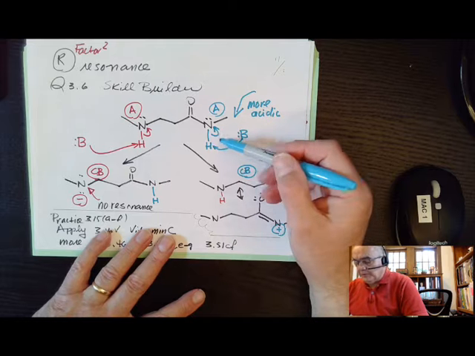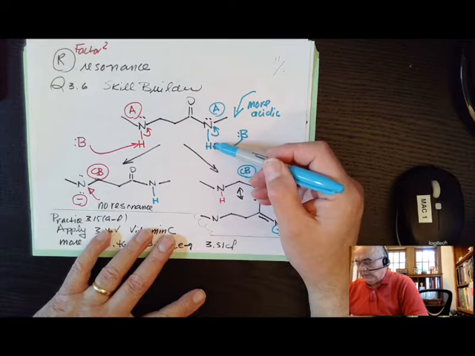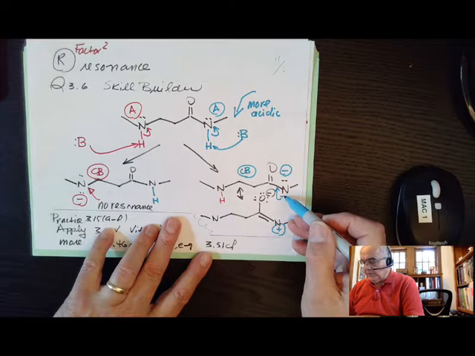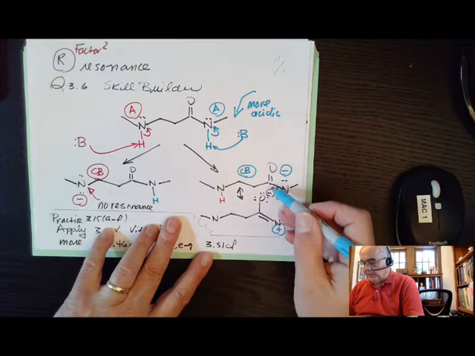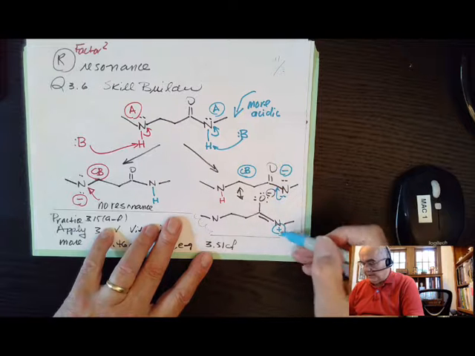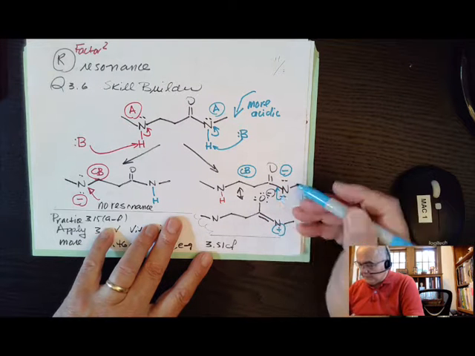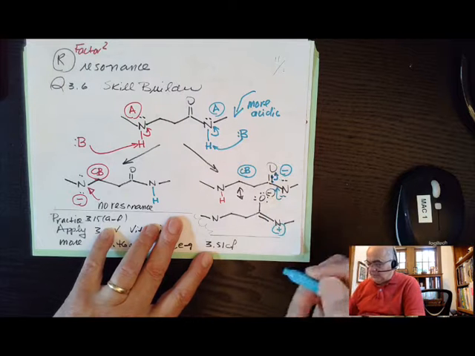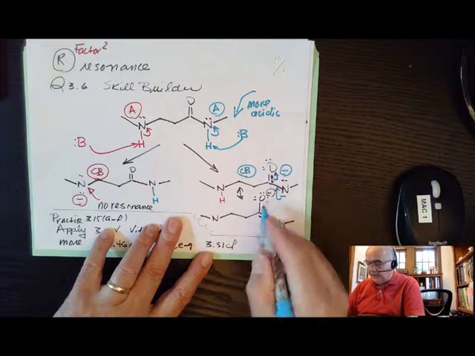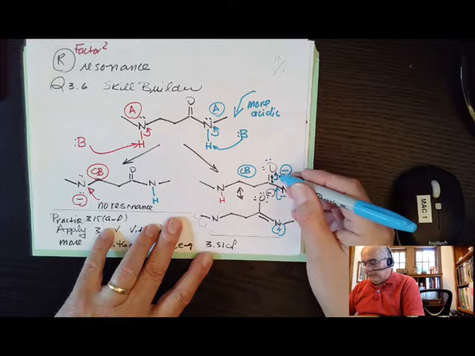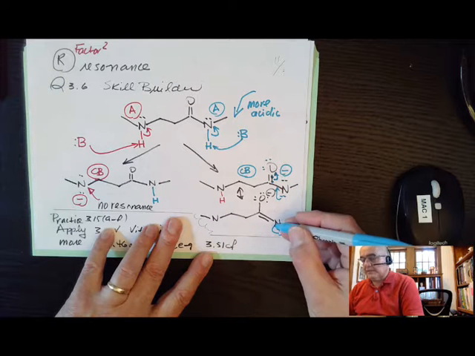If I remove this proton with a base to make a negative charge on the nitrogen, this negative charge is next to the pi bond, and that's one of the resonance structures. Remember, we can move electrons over here. Move these two electrons. Oh, I forgot to draw the arrow. Move these electrons to the oxygen. So oxygen now would be negative and nitrogen would be positive.